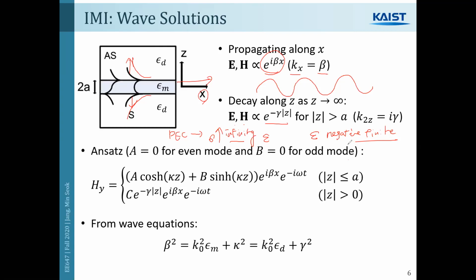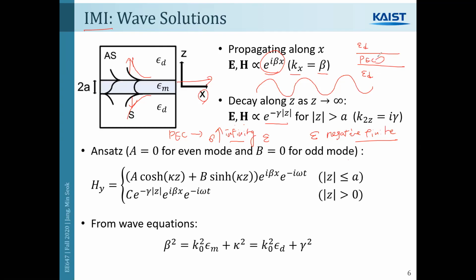The representative example is the IMI waveguide. So think about the case that you have a PEC core and epsilon d here. This is not even a waveguide, right? Because no wave can exist in the PEC.